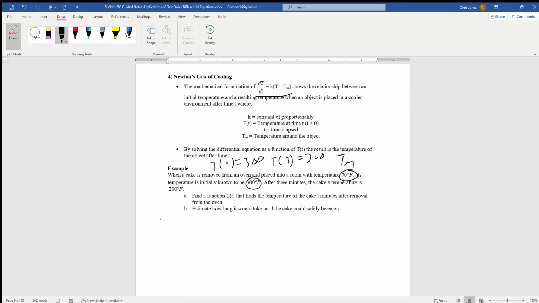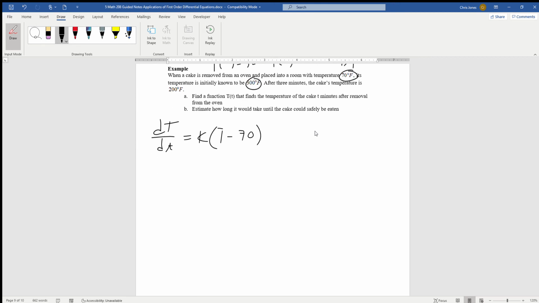So we have dT, d capital T divided by d lowercase t, is going to be equal to k times T minus 70. A separable differential, very easy to solve. We're going to divide both sides by T minus 70, and that's going to be equal to k dt, and then we're going to integrate.